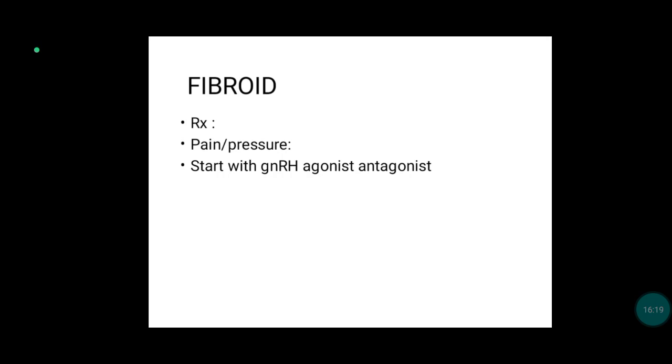If there is no response, we can go for uterine artery embolization or HIFU, high intensity focused USG, and then if there is no response, we can go for myomectomy or hysterectomy. Myomectomy for those who want to conceive, hysterectomy for those who don't want to conceive further.